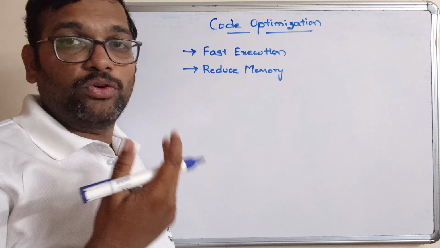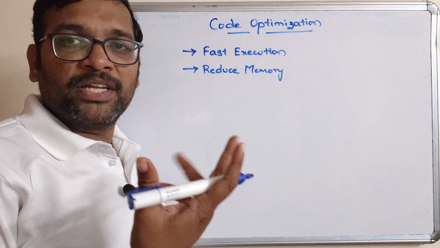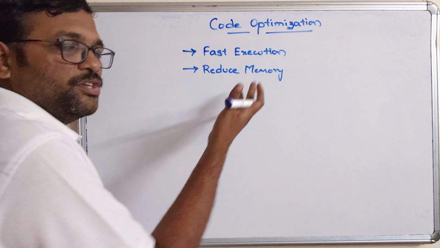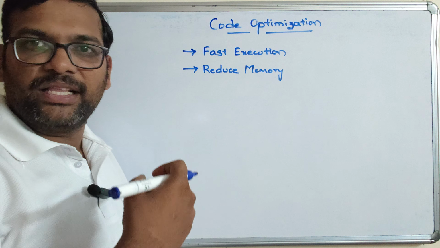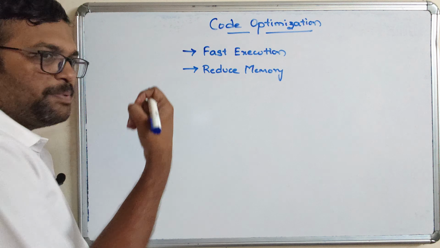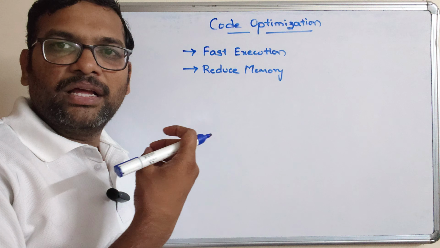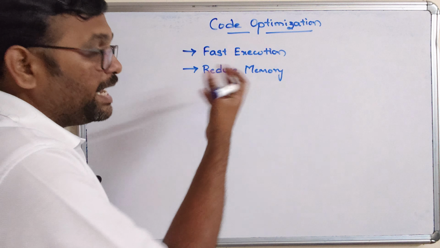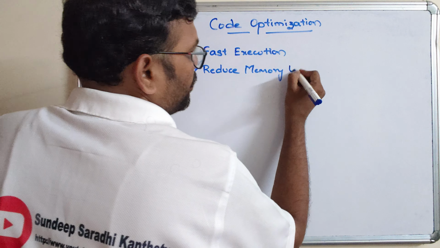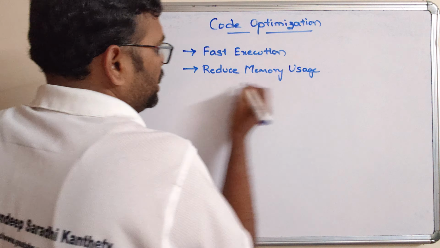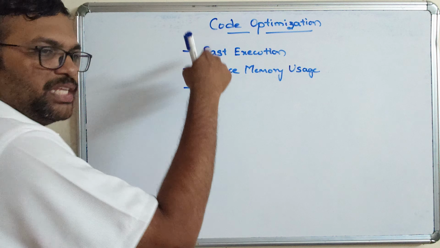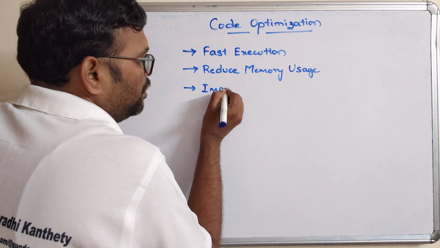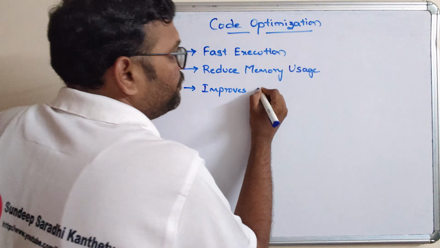You might be learning about these two things, time complexity and space complexity. Time means fast execution, within a very short time we need to get the result, and for space complexity we need to use the variables or memory very efficiently. That means we can reduce the memory usage, and if these two things happen, automatically the efficiency will be improved.